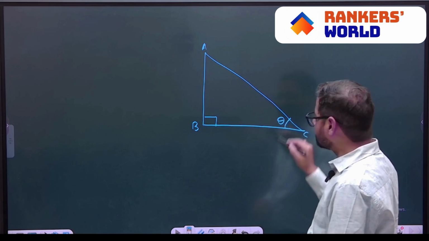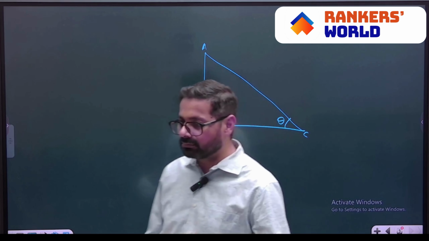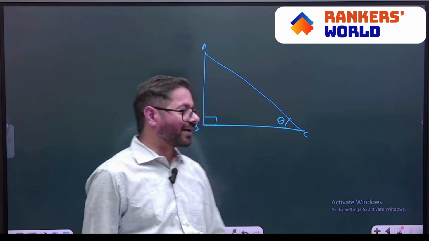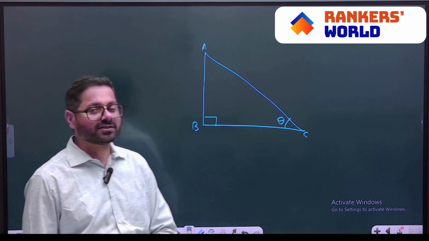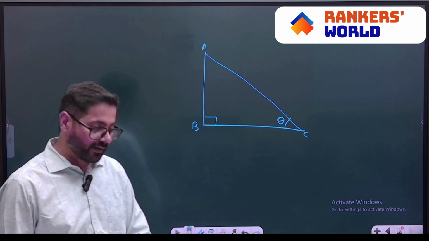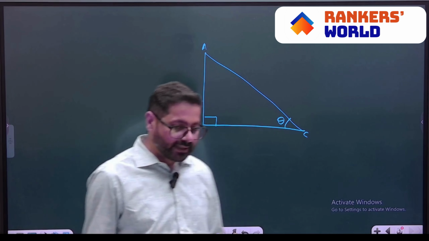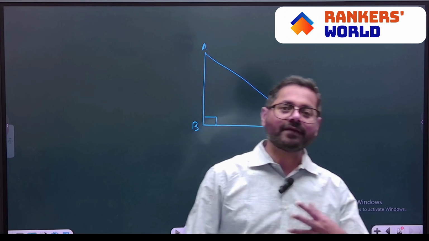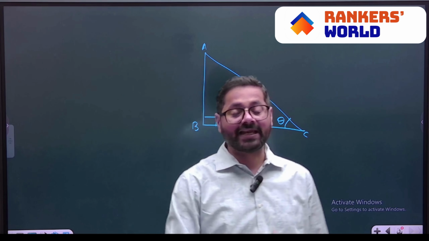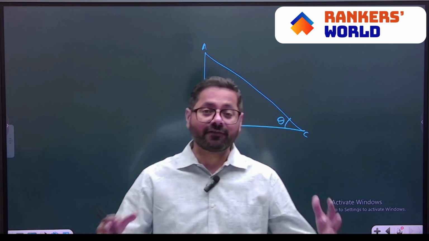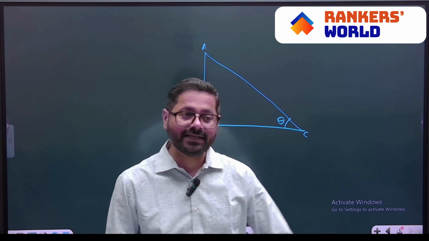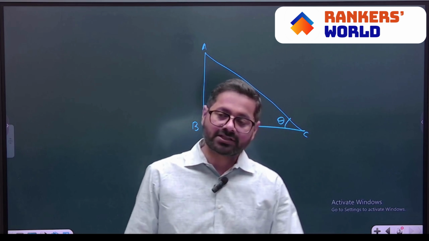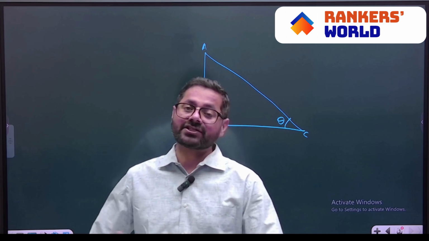But the idea is not too much discussion on the right angle triangle. I just try to build what is the trigonometry part of it. Normally we see a relation between side and side, or between angle and angle, because the summation of interior angles is 180 degrees, the exterior angle sum of a triangle is 360 degrees, and the sum of two sides is greater than the third side.